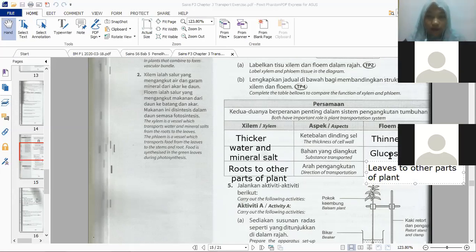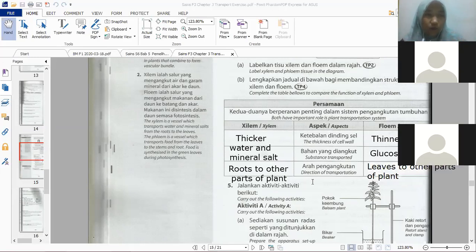Okay, right, so faham ah? This one is the comparison, but this one is the apa persamaan dia. Okay, so both is important role in the plant transportation system. Okay, dua-dua penting. Okay, if the plant didn't have xylem, so the plant will die, or phloem will die also, because this one they transport what the plants needed.